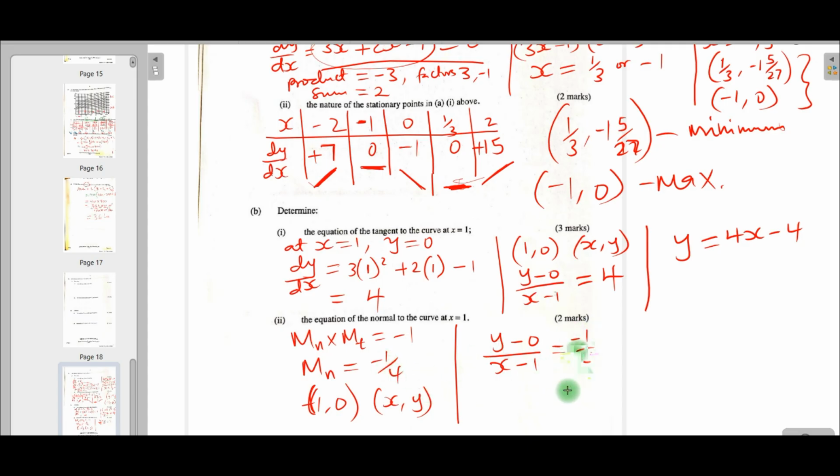Cross multiply, I have 4y is equal to -x plus 1. Therefore, divide both sides by 4. So y will be equal to -1/4 x plus 1/4. And that is the equation of the normal to the curve at x is equal to 1.